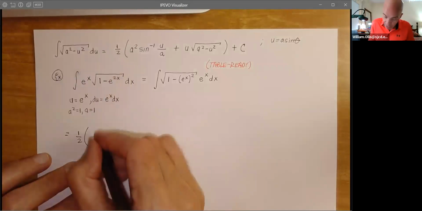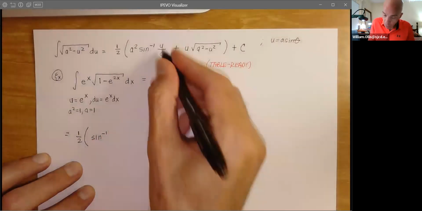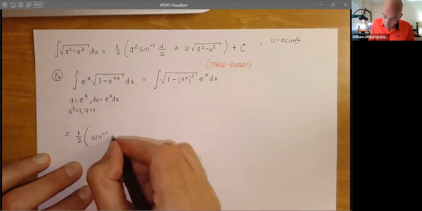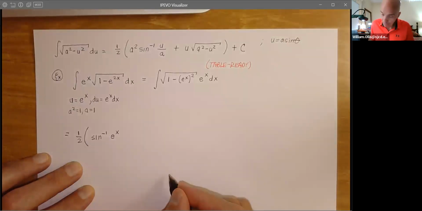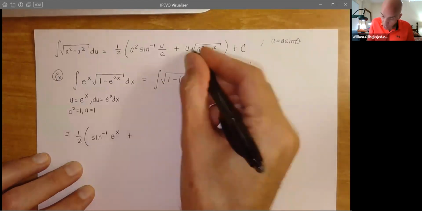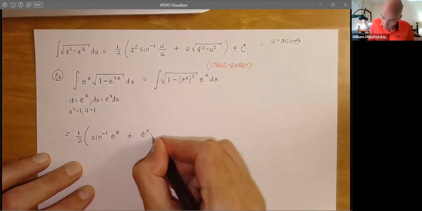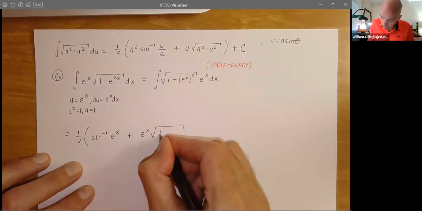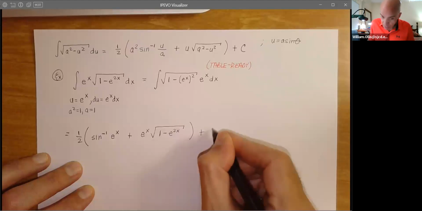So we just get inverse sine of u over a. So that's e to the x over 1. So we have inverse sine of e to the x. And then we have plus u, which is e to the x, times the radical 1 minus e to the 2x, plus a constant.